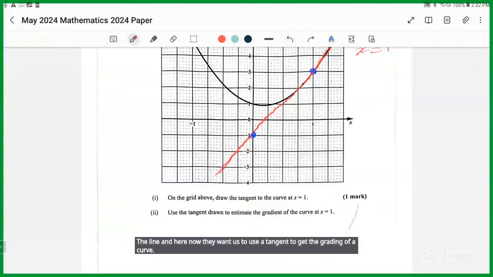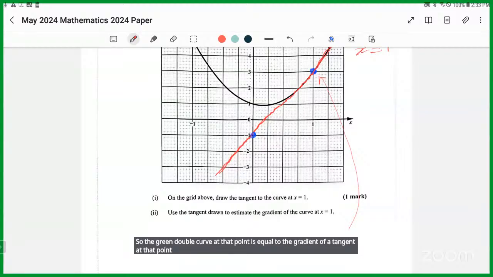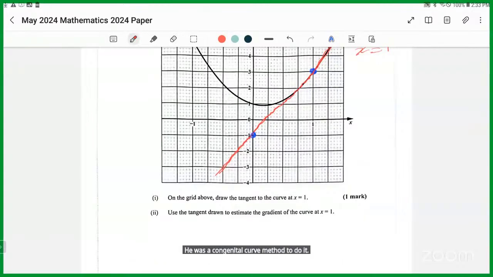Remember that at this point, the curve and the tangent have the same gradient. So the gradient of a curve at that point is equal to the gradient of a tangent at that point. So we need to find the gradient of a tangent. Remember we did the topic called gradient of a curve, using the tangent to the curve method. So the tangent passes through these 2 points. Let's write it out.